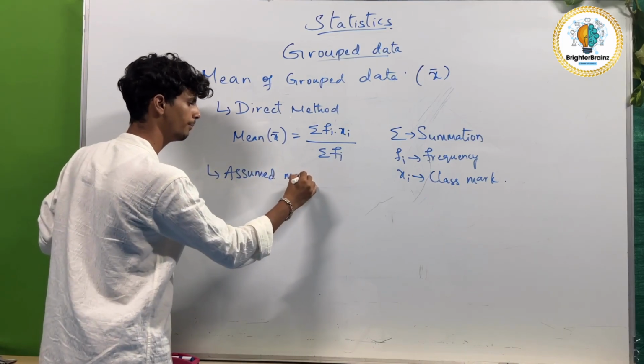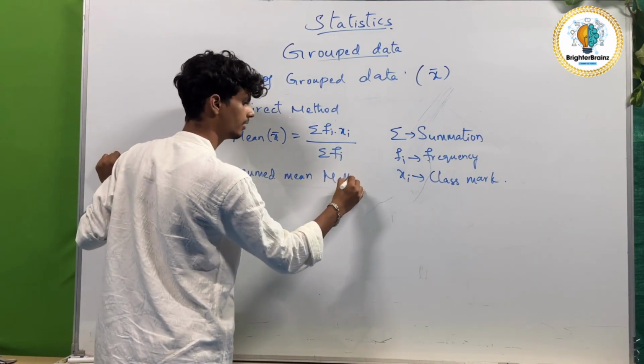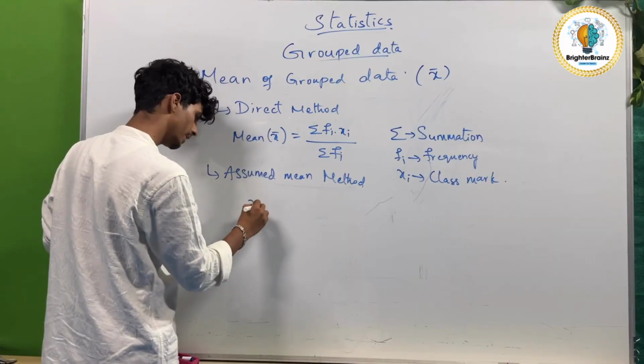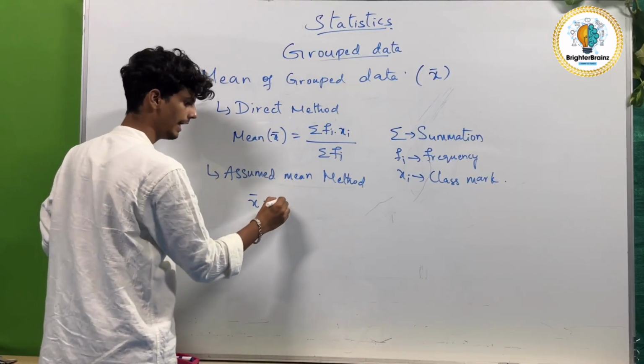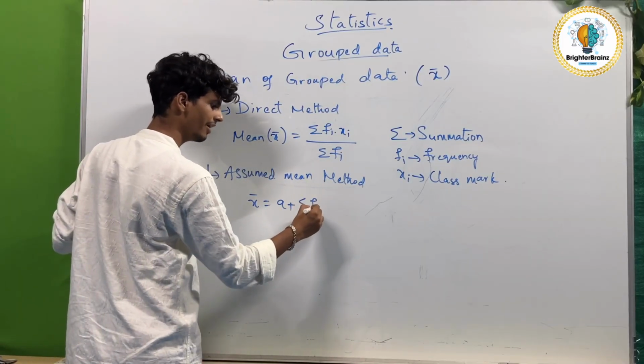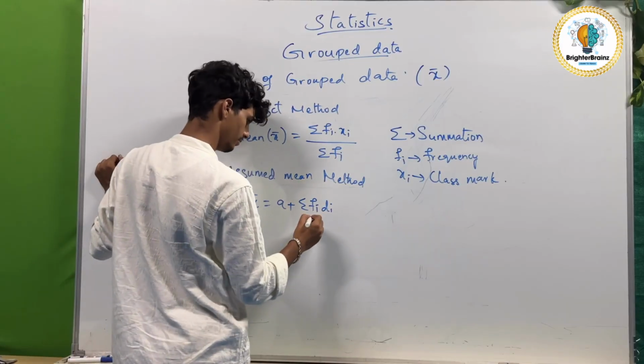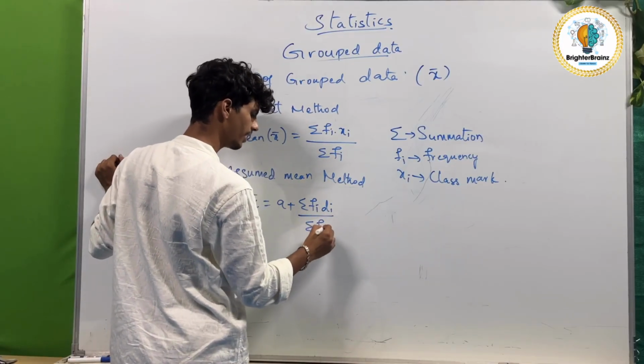Next, let us know the formula for the assumed mean method. x bar is equal to a plus sigma fi di by sigma fi.